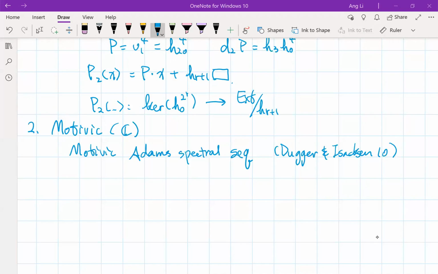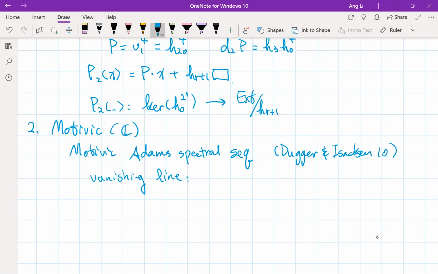All right, so on the E2 page, we have a vanishing line. Well, this is not literally correct, because it's three-dimensional, so it doesn't make sense to talk about a line. That's actually a plane, but it is drawn in two dimensions, so at least in this talk, I'm going to stay with this language.